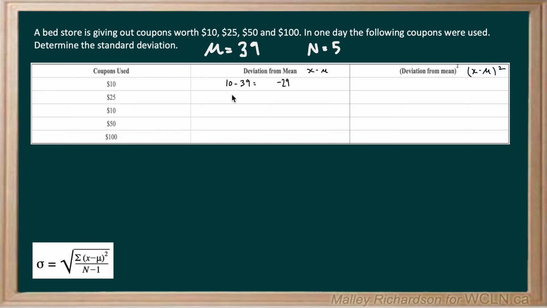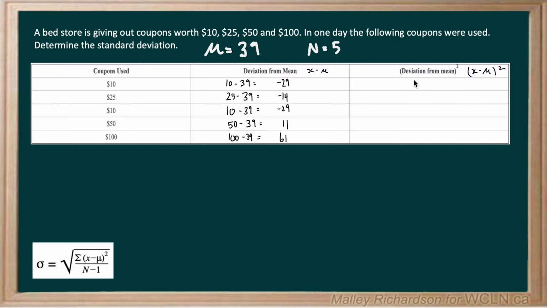In our next row, we have x, which is 25, minus the mean, 39, and 25 minus 39 gives us negative 14. In our next row, we have 10 minus 39 to give us negative 29. In our next row, we have 50 minus 39 to give us 11. And finally, we have 100 minus 39 to give us a deviation from the mean to be 61.